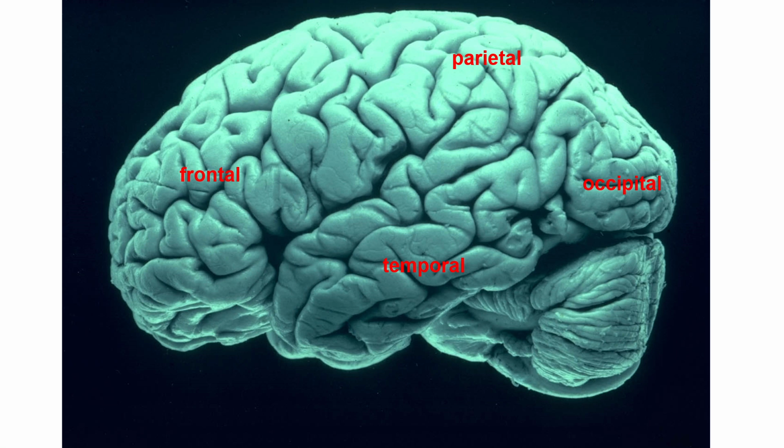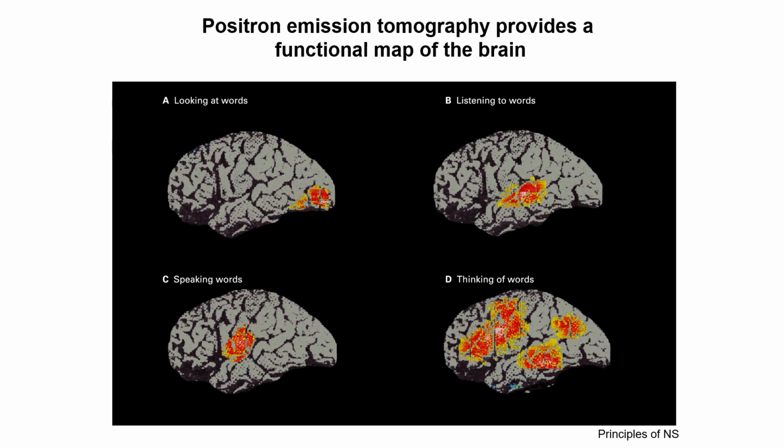Okay. As we move on, I would like to remind you also that we are putting into consideration the major parts of the brain, which are the back part, the occipital, parietal, right on top, on the sides, temporal, and in front, frontal. Do not forget those. How do people know what function comes from what part? They've observed which part of the brain lights up when something is done or when something is sensed, and they then mapped or identified which parts of the brain are in charge of those functions.